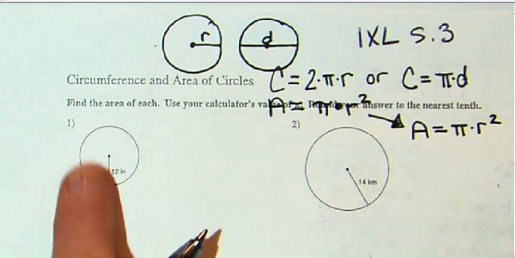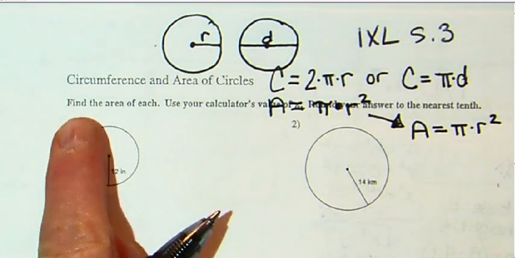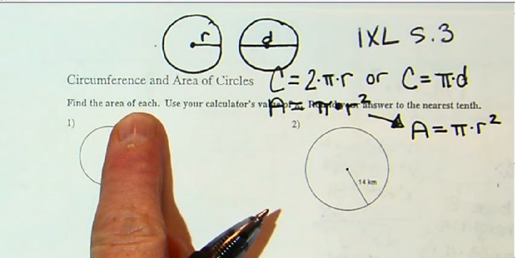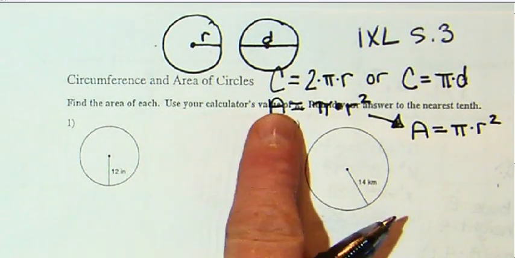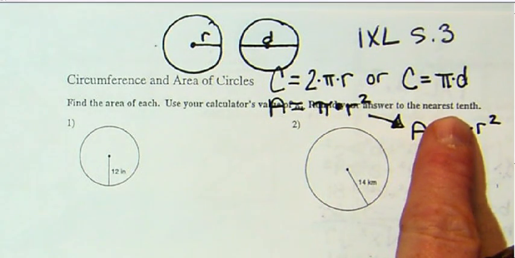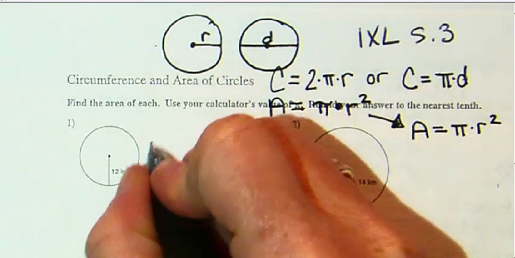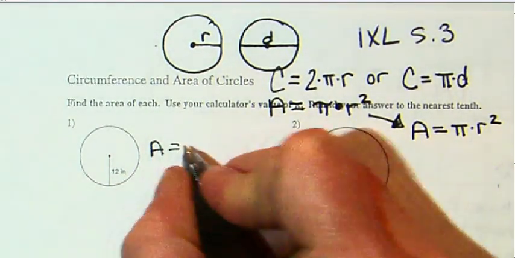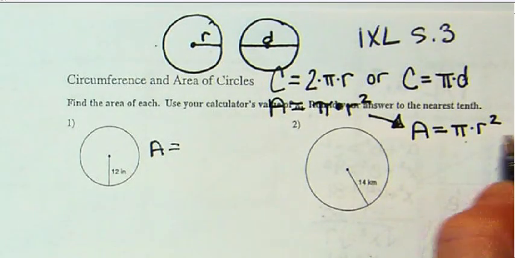All right, so number one, it's asking find the area of each. Use your calculator's value of pi and round your answer to the nearest tenth. So the area formula is going to be pi r squared.